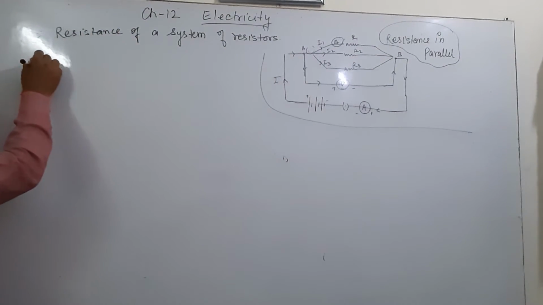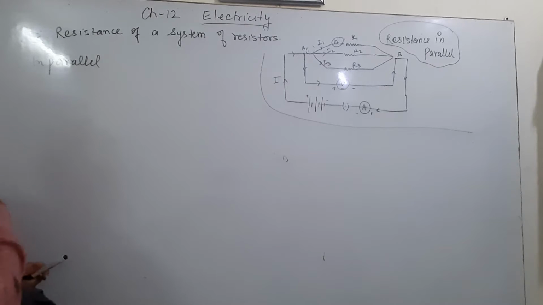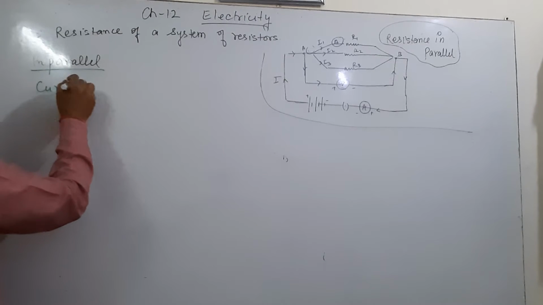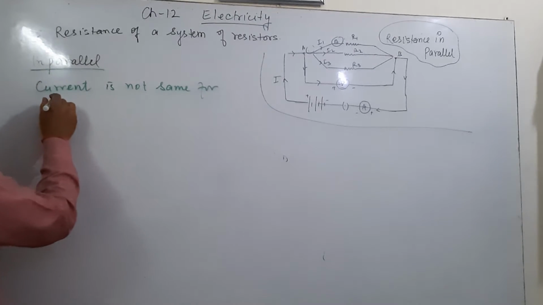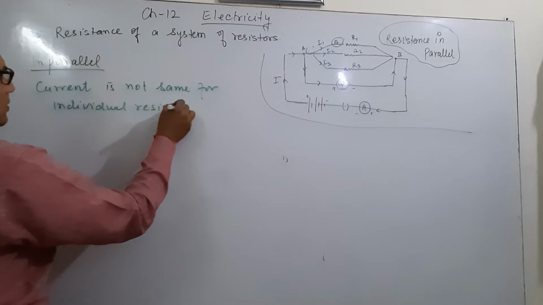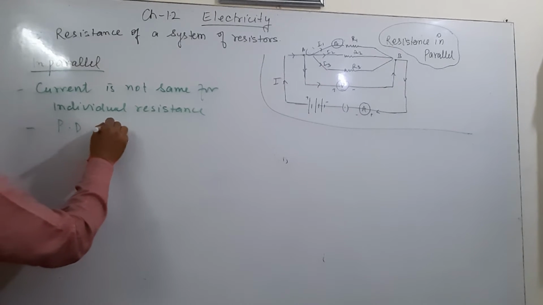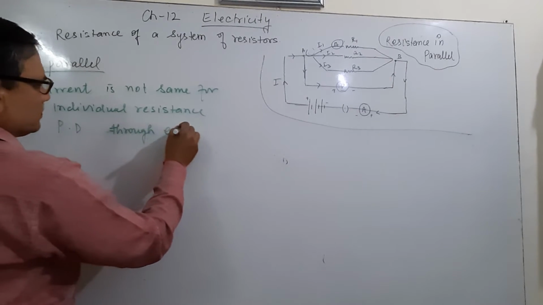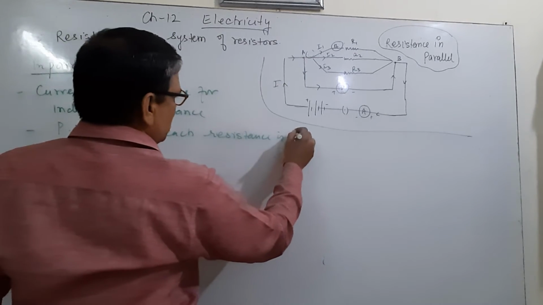First, in parallel, current is not the same for individual resistance. And second, potential difference across each resistance is the same.